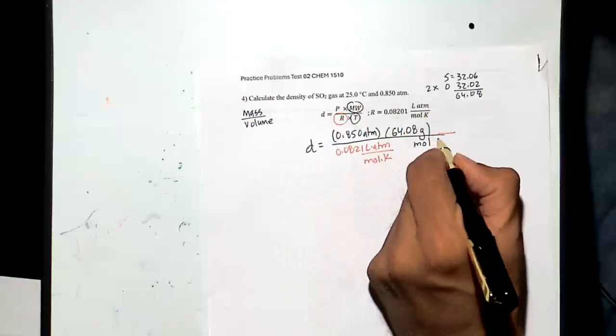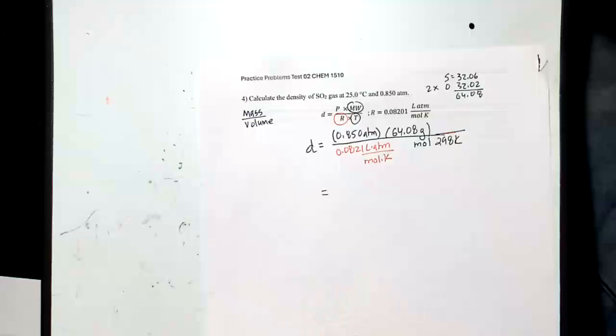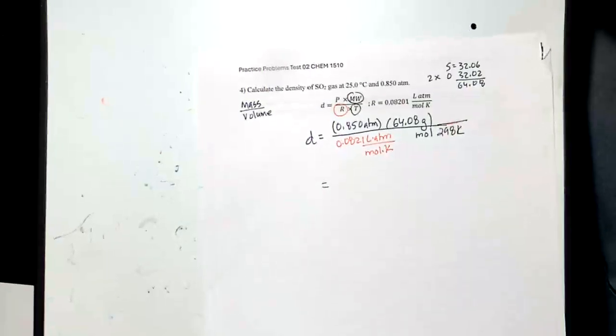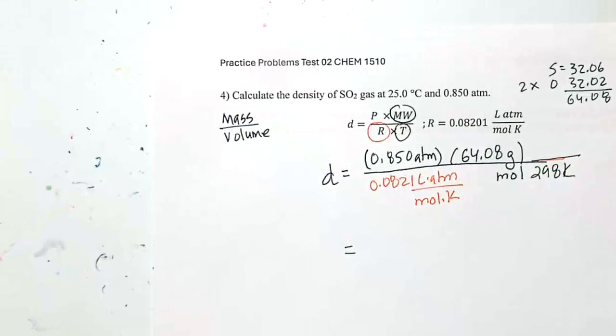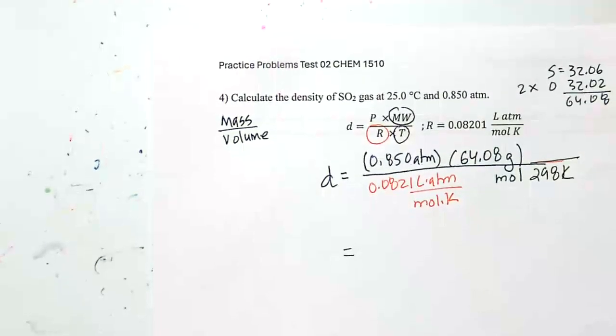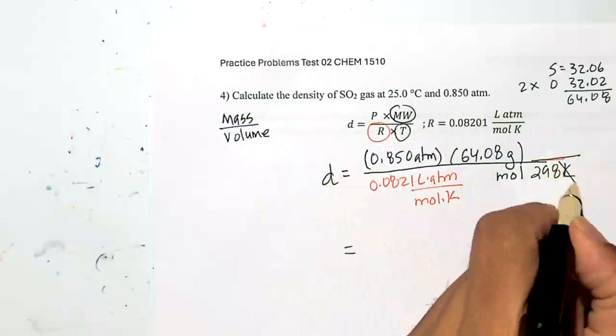So 273 plus 25 would be 298 Kelvin. This is just plug in and play it out.